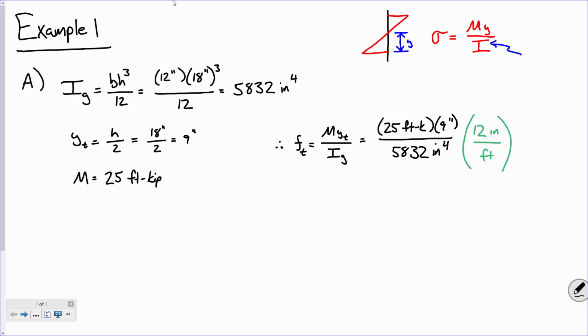Now, speaking of that, just for the sake of discussion, this would get my units in ksi. If I wanted something a little more manageable, say in psi, I might multiply this whole thing by 1,000 because there are 1,000 pounds per kip. Everybody okay with that?